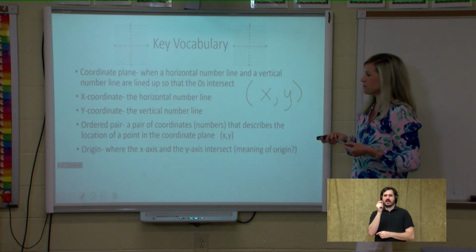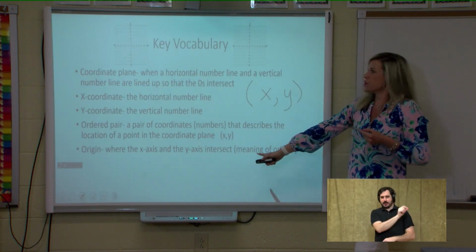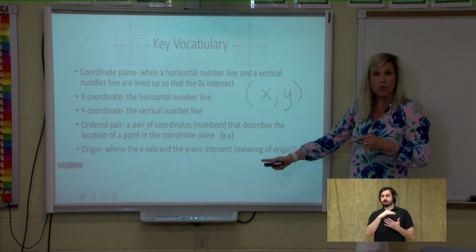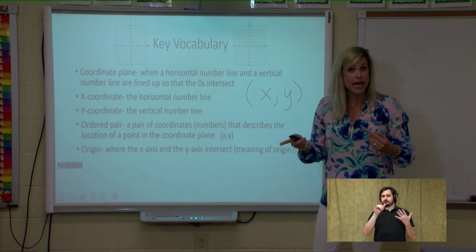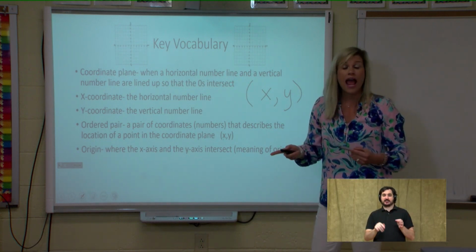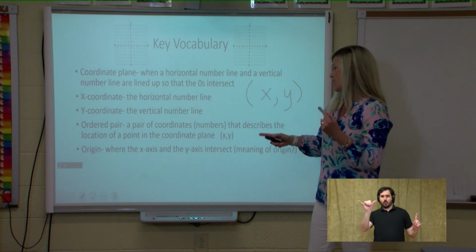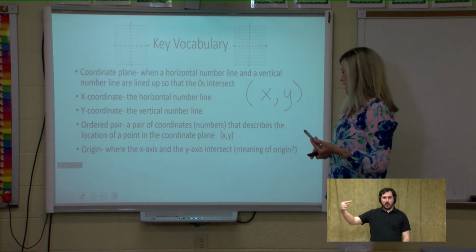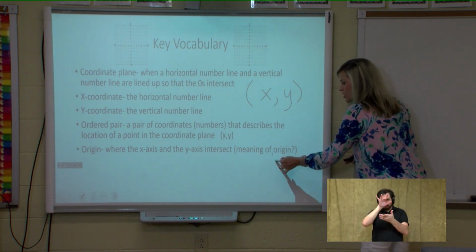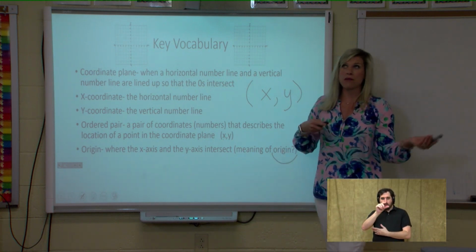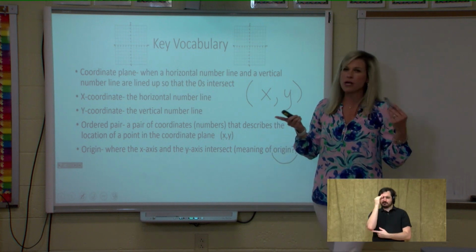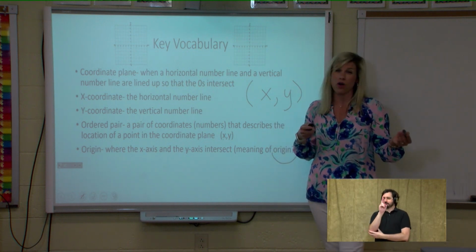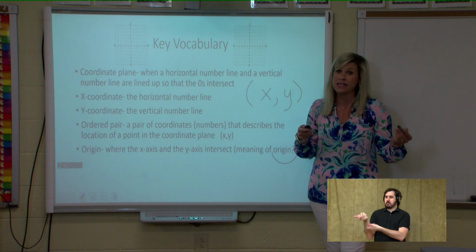And then the origin. The origin is simply where the x-axis, the x which is the horizontal line, and the y-axis, the vertical line, intersect, where they cross, okay? Think about the word origin. Now I'm going to kind of bring reading in for a minute because the cool part about math is that math also involves reading a lot more than you realize.